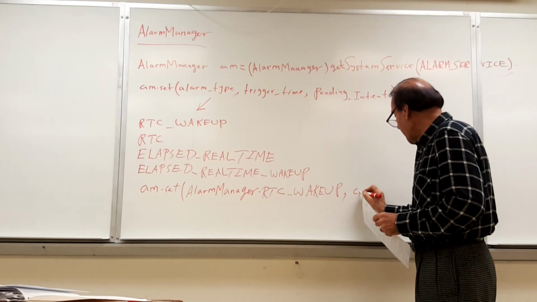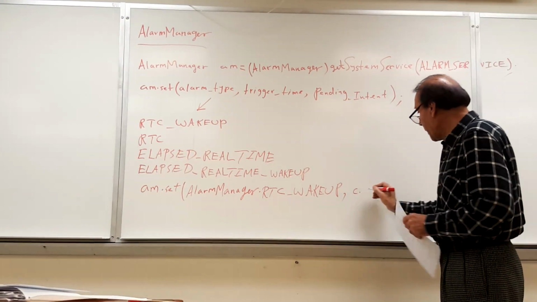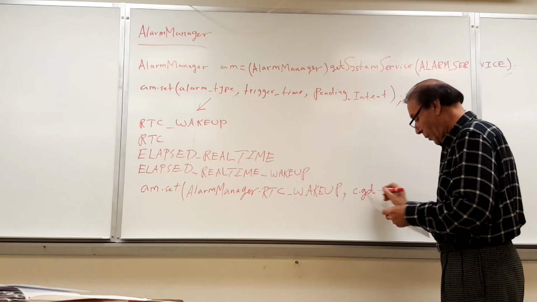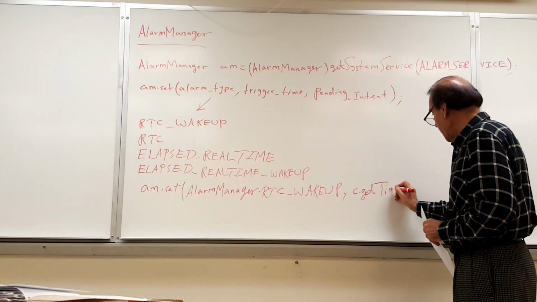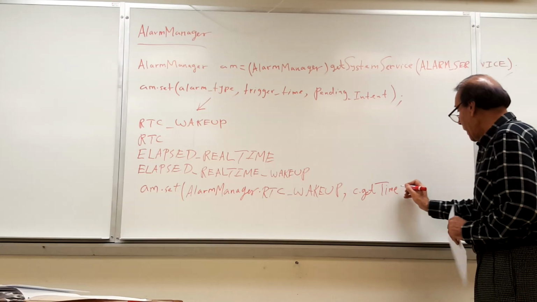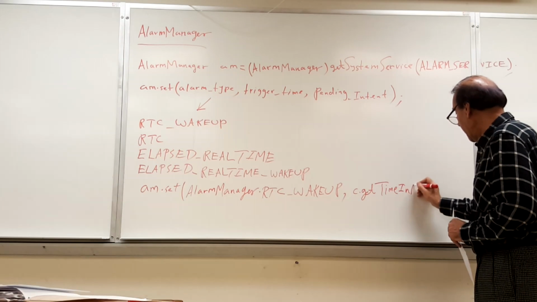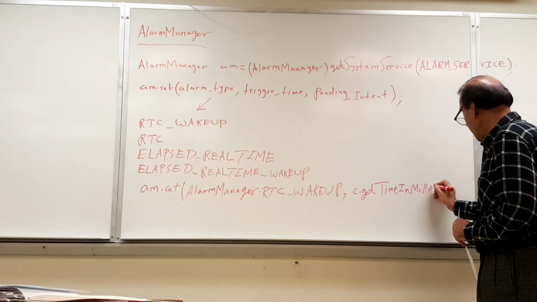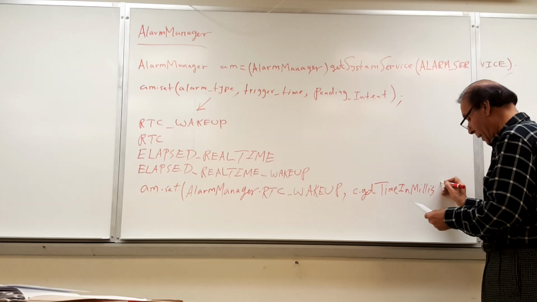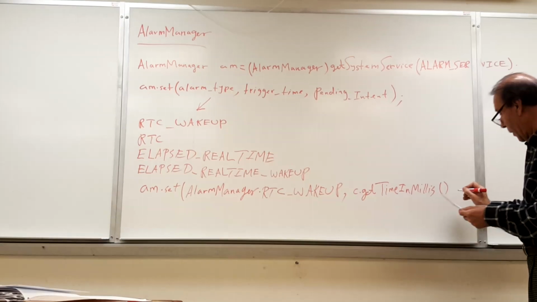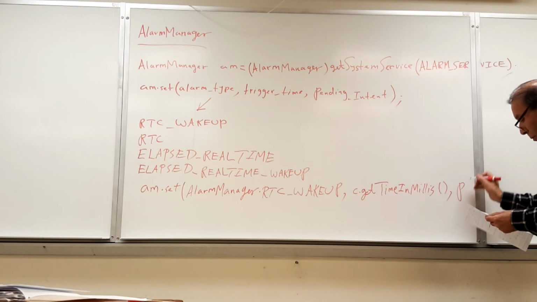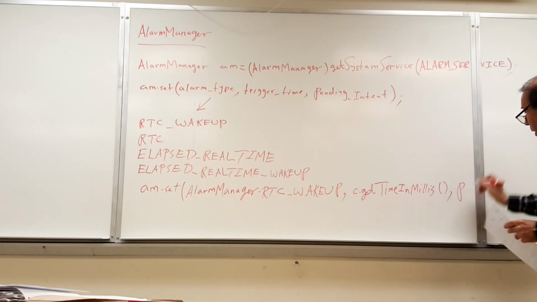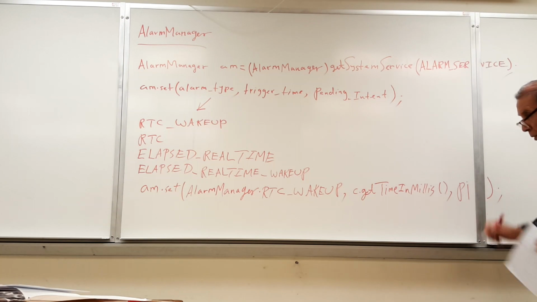C, I'm going to tell you what C is in a moment. C dot get time in millis, comma, PI. PI is a pending intent.